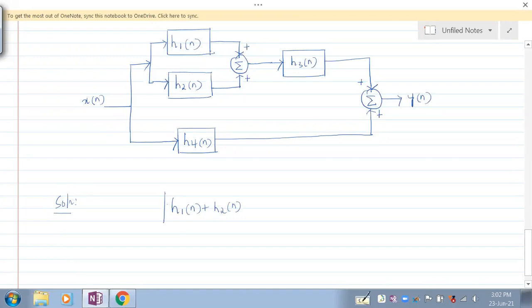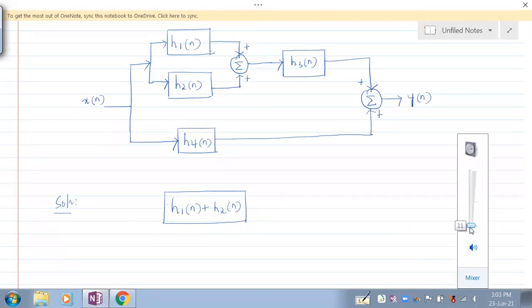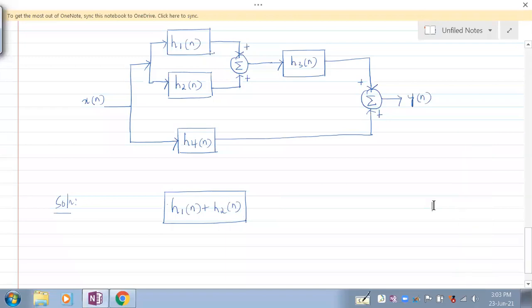Why is it only plus, not plus or minus? There is only a plus sign here. That's why it is h1 of n plus h2 of n. So this is the overall impulse response of these two systems.